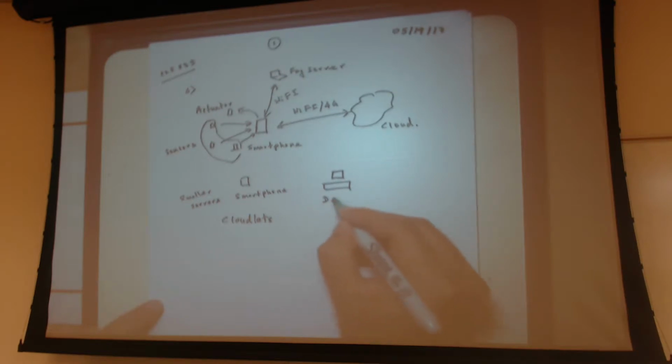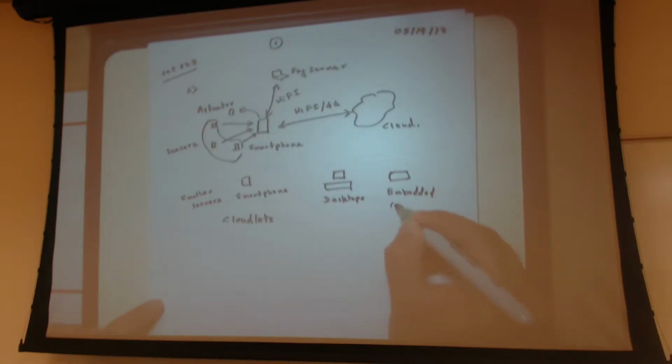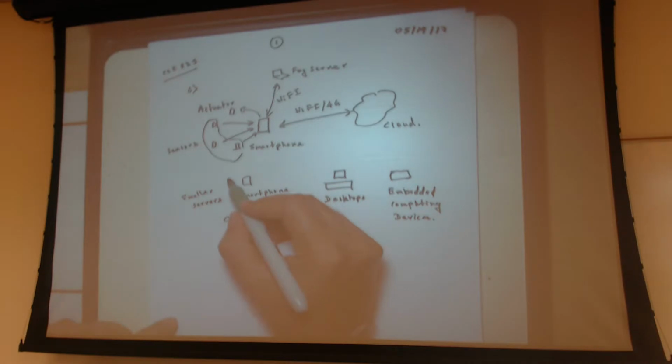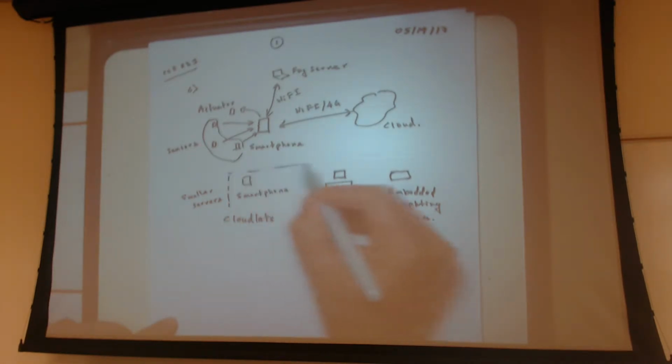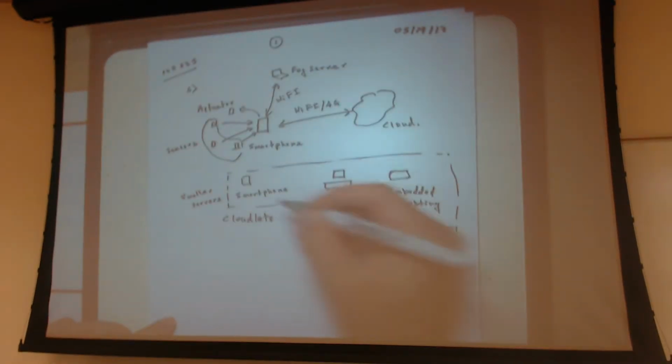Right? Desktop. Or embedded computing devices. So maybe printers. Other embedded computing devices. And what you can do is they provide computational services. So all these things provide computational services to the smartphone.